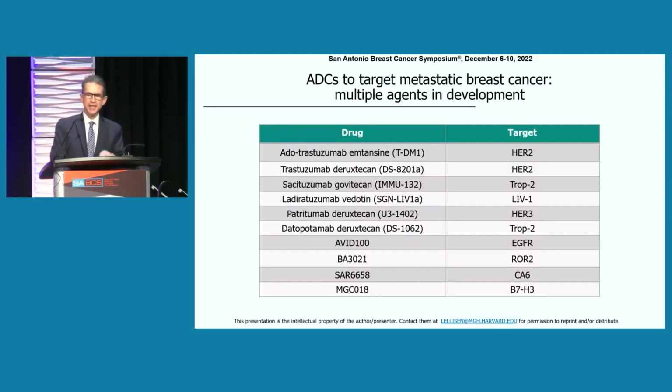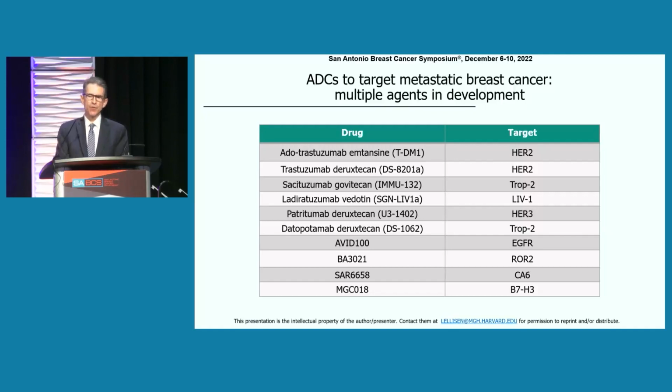So you've seen lists from the other speakers on ADCs that are targeting breast cancer, multiple agents in development. I just wanted to use this slide to introduce my talk. Three of the topics I'll be covering are: number one, a little bit of reiteration on the structure and design of ADCs, but specifically with respect to how that relates to potential and established resistance mechanisms.